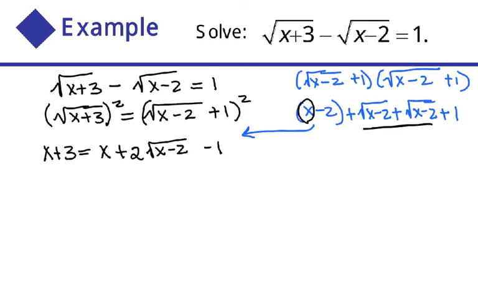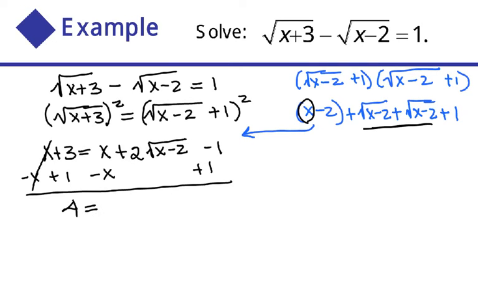So now I'm going to add 1 and subtract x to move everything to the other side and isolate that radical term. And what am I going to get? These cancel out, I get 4 equals 2 square roots of x minus 2. Divide both sides by 2, and we get 2 equals the square root of x minus 2.